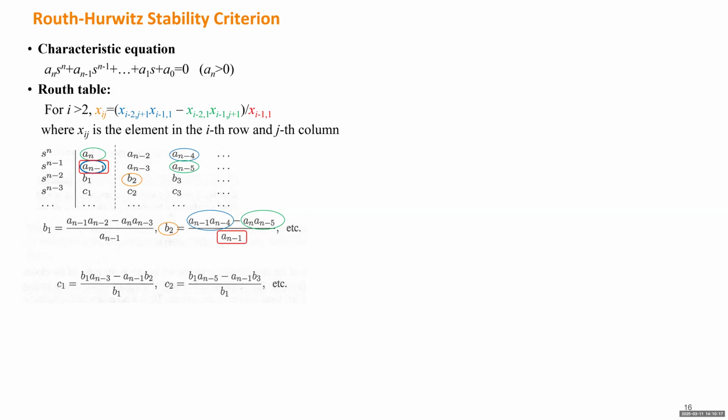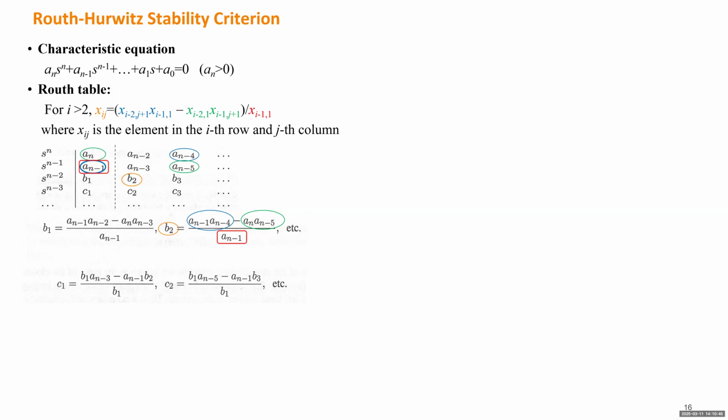So a_(n-1) multiplied by a_(n-4), minus another product, which is a_n multiplied by a_(n-5), divided by this one. You don't have to memorize this. If you want to use this table, you just find this slide, or maybe print out this table and try to match these values.